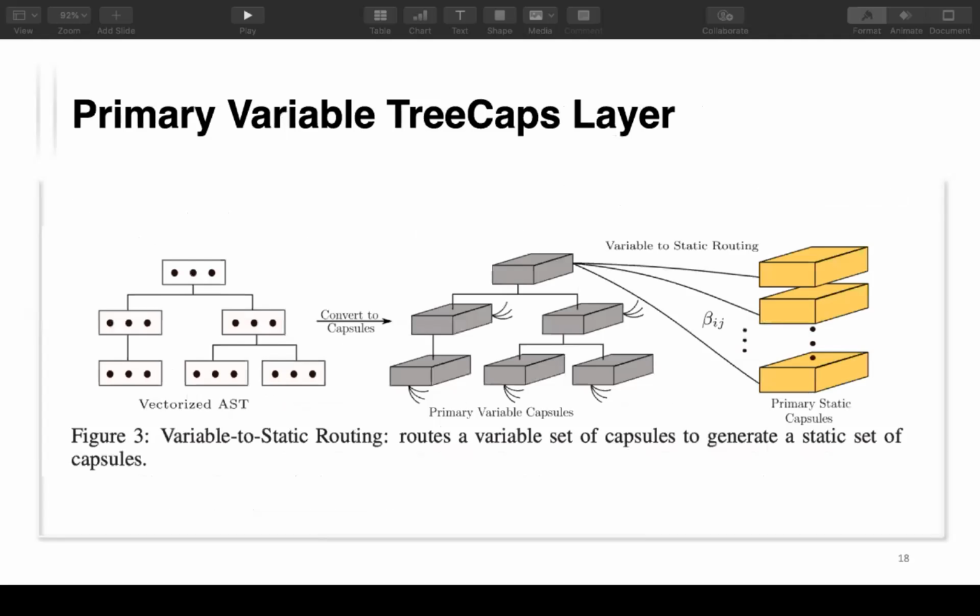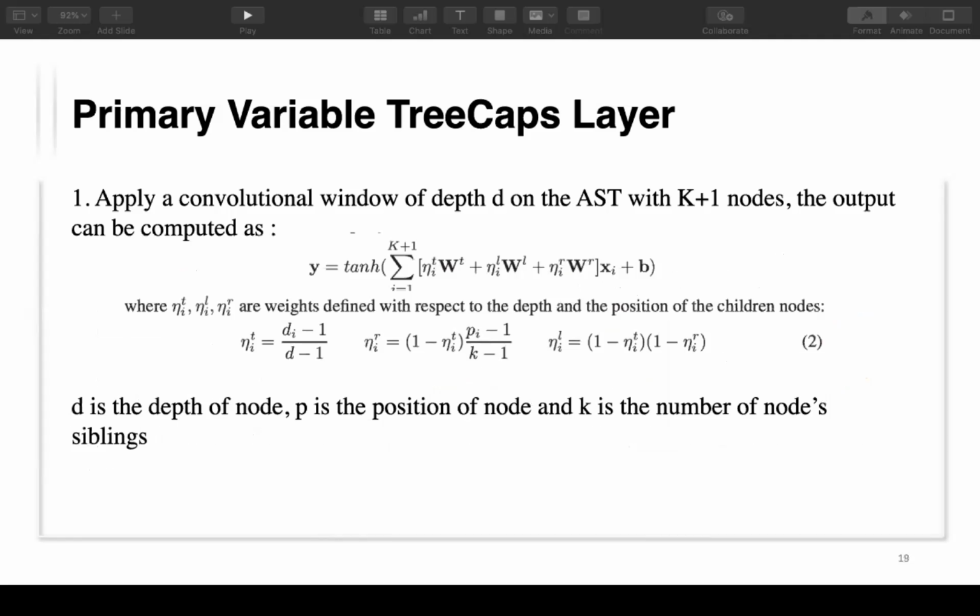The next step is the primary variable TreeCaps layer. It takes the input from the vectorized AST and outputs to the primary static capsules. In this step, the first part is to apply a convolutional window of depth D on the AST tree.